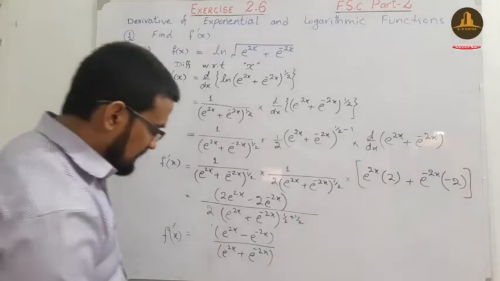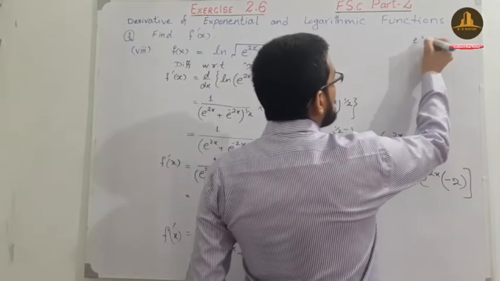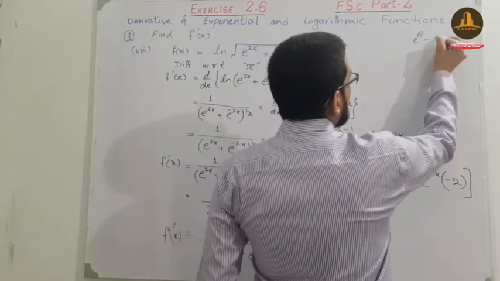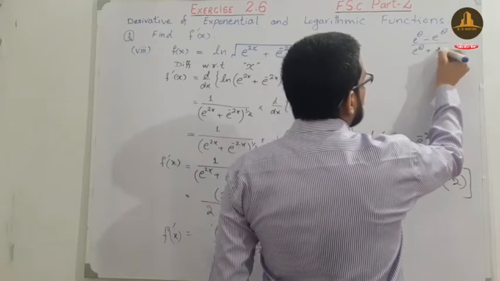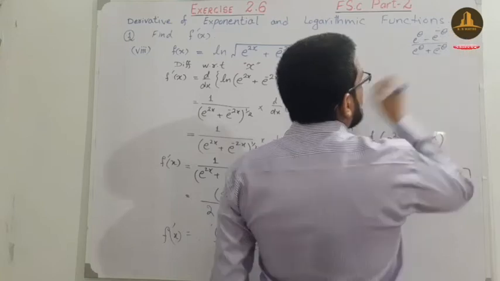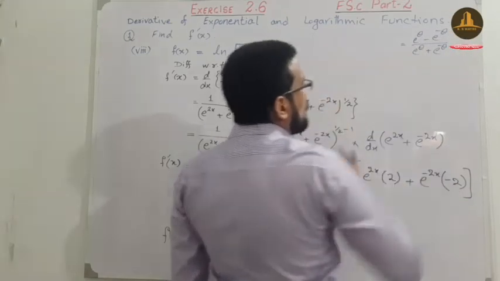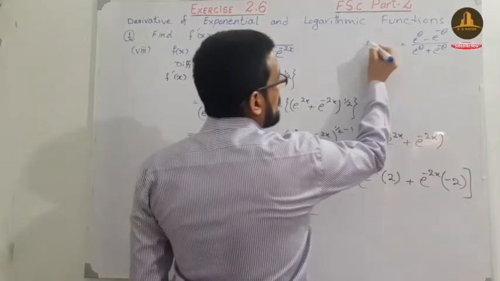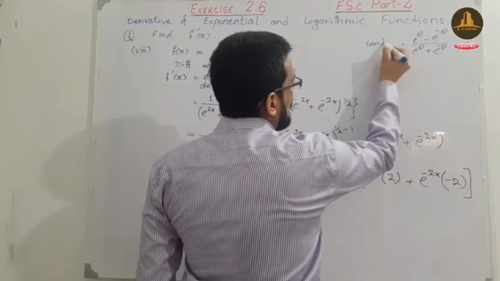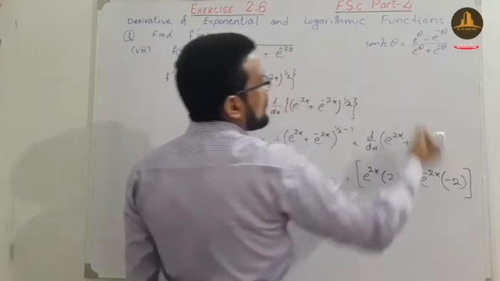What is hyperbolic function? If e raised to theta minus e raised to minus theta divided by e raised to theta plus e raised to minus theta, which is equal to tan hyperbolic of theta.